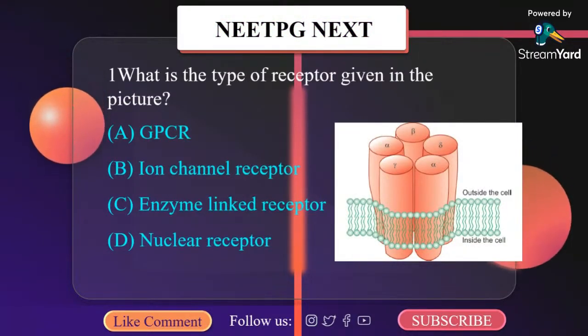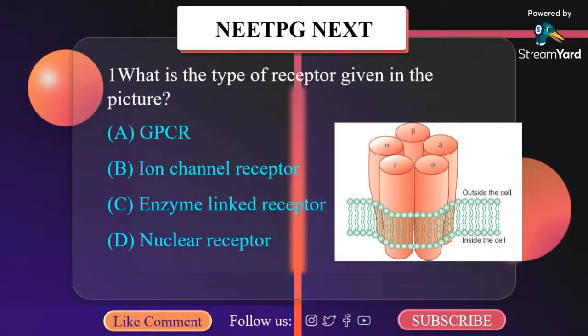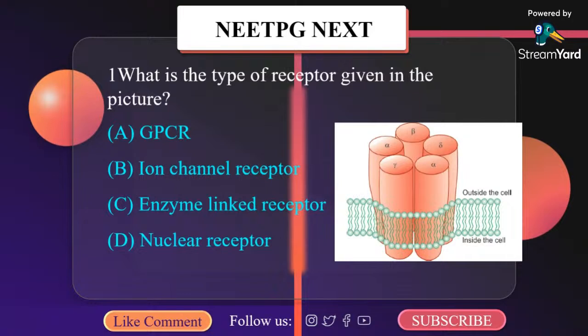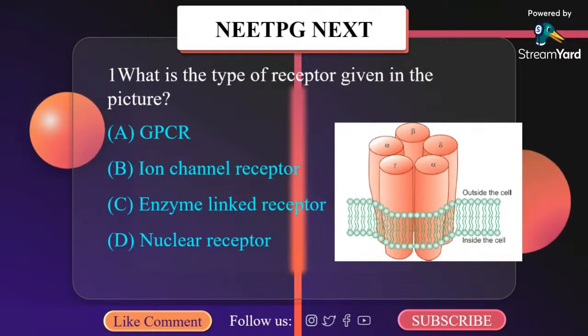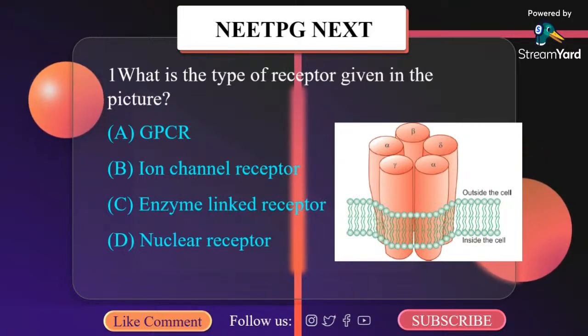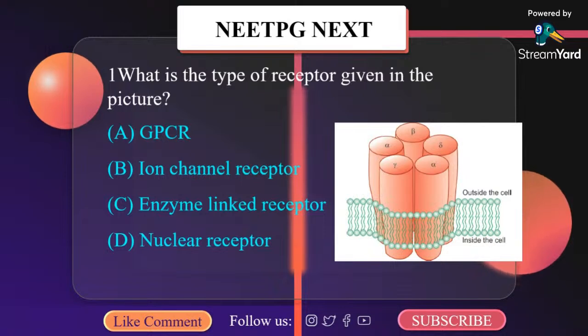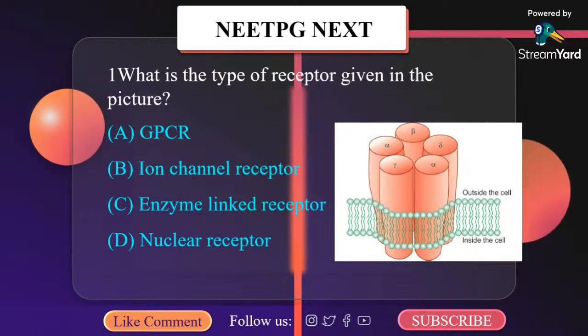Now, what is the receptor given below? What type of receptor is it? A. GPCR, B. Ion channel receptor, C. Enzyme linked receptor. Here you can see a pentameric structure.